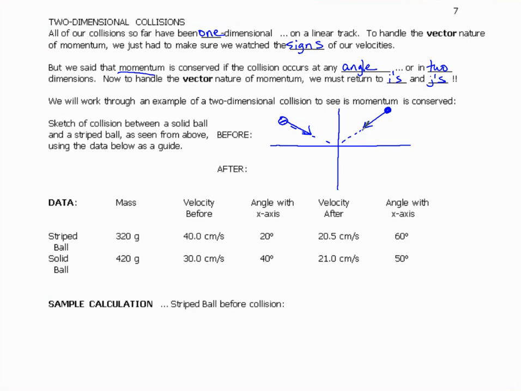So the striped ball has a mass of 320 grams. Its initial velocity is 40 centimeters per second. And its angle with the x-axis here is 20 degrees.